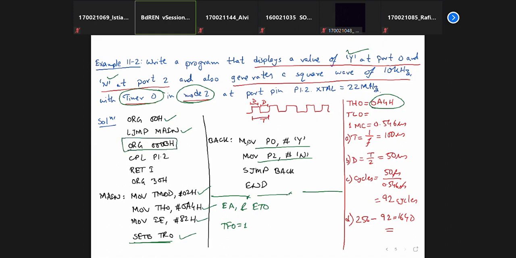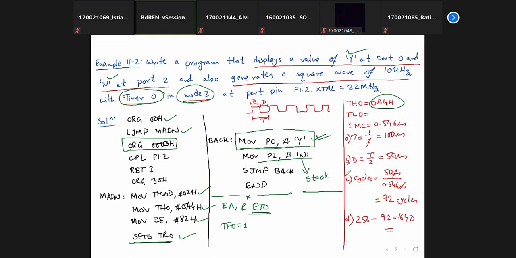So assume your MPU is in this particular line. Just for simplicity, let us assume your MPU is executing this particular instruction. In such a moment, your TF0 became 1. That means your ET0 interrupt has been invoked. So what will your MPU do? It will complete this task and it will save the address of the next instruction onto the stack.